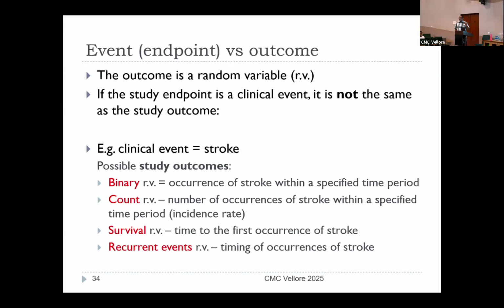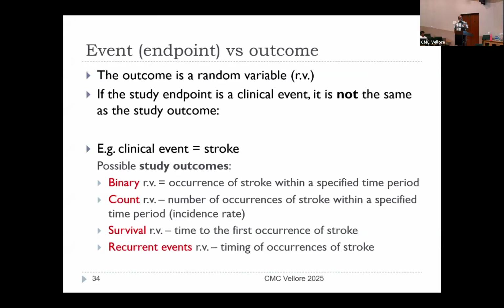Or I can have it as a count variable, number of occurrences of stroke within a specified time period, or the incidence rate if you want it, instead of doing counts. Or I could have it as a survival random variable, which is time to the first occurrence of stroke. Or I can have it as recurrent events, timing of occurrences of stroke, like time to the first one, then time from the first one to the second one, time from the second one to the third one.